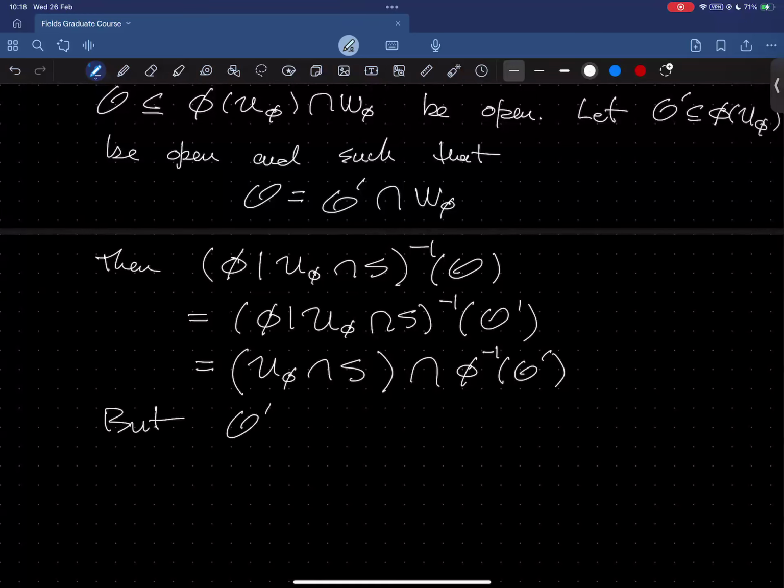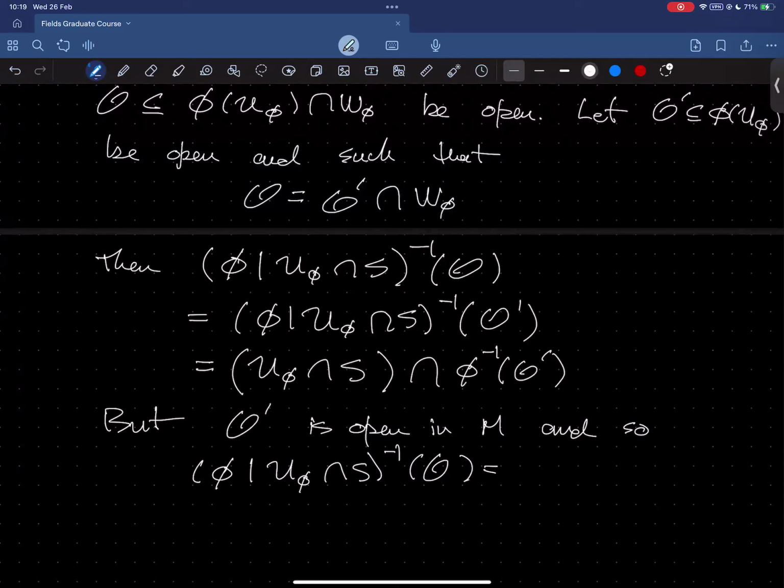But O prime is open in M, and so this thing is equal to the intersection of this with an open subset of M. And so therefore this intersection is open in the induced topology on there by definition of the induced topology.